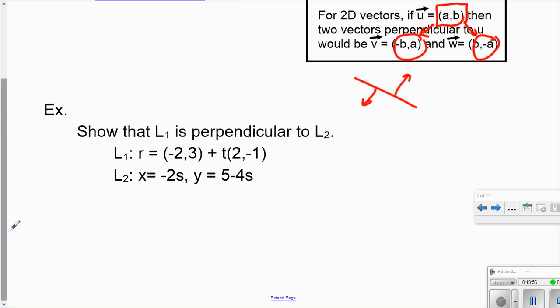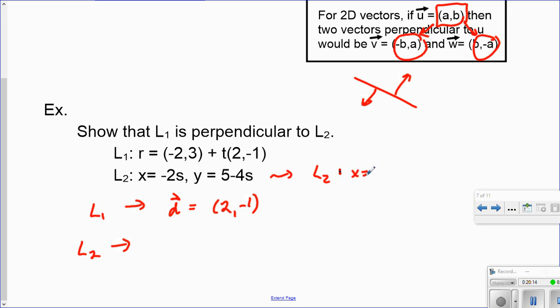Okay, so show that L1 is perpendicular to L2. Well, in L1, my direction vector is 2 and negative 1. And in L2, my direction vector is not so easy to find here, okay? L2 is given as x equals 0 minus 2s, and y equals 5 minus 4s.